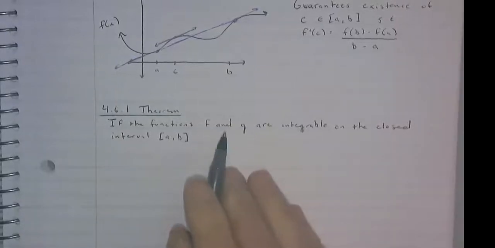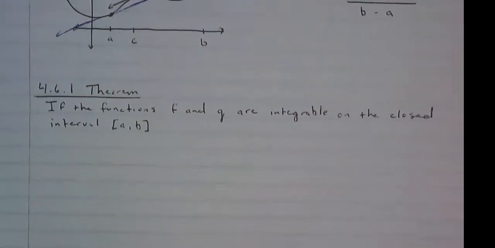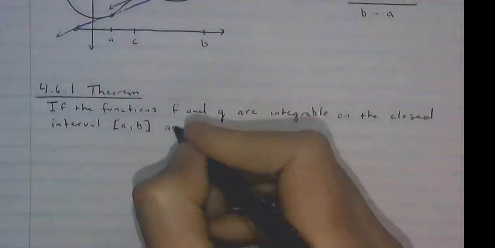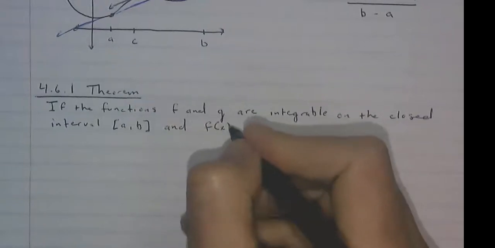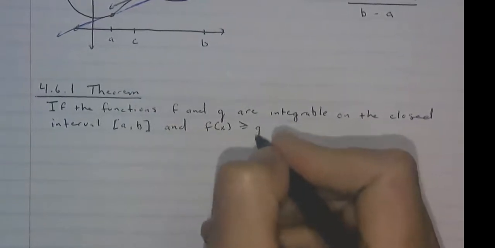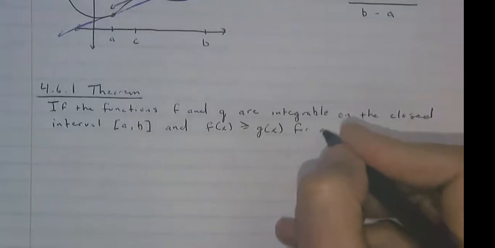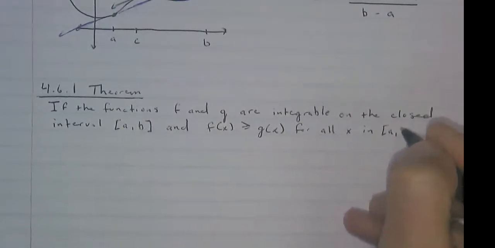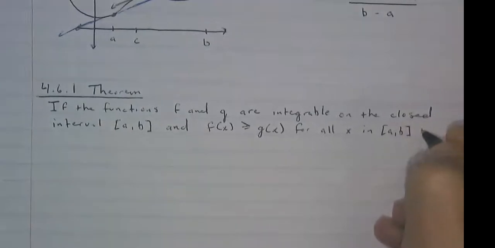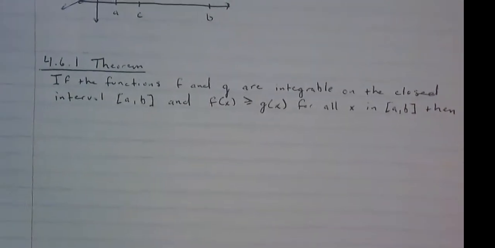That's the first condition. You gotta have 2 functions that are both integrable. And then the second condition is sort of the important one. And if f of x is greater than or equal to g of x for all values of x in that closed interval from a to b, then the following inequality will be true.